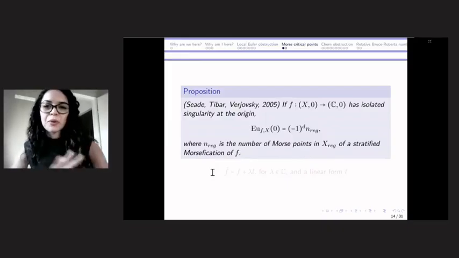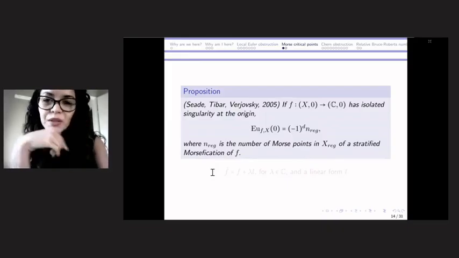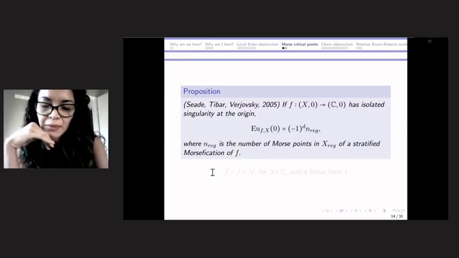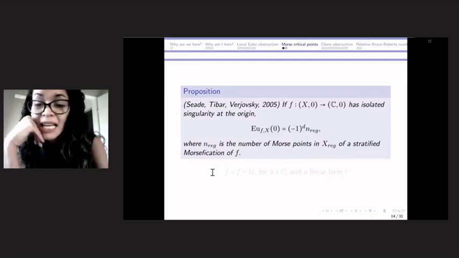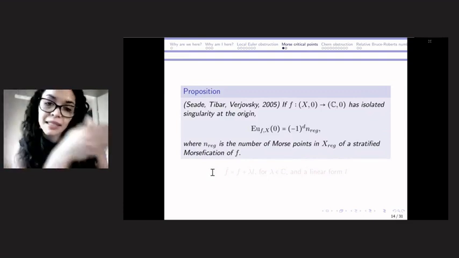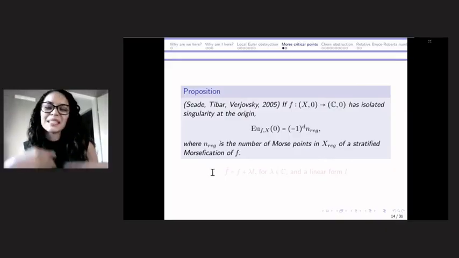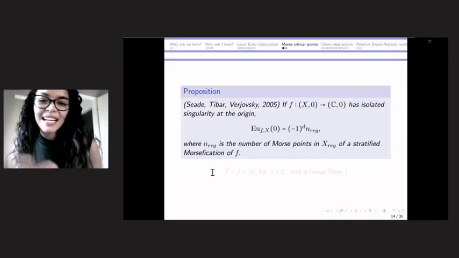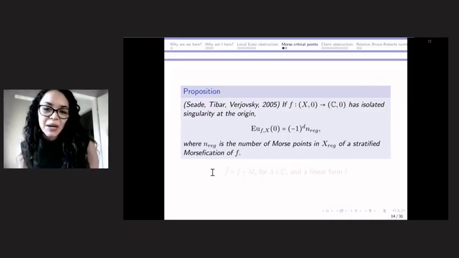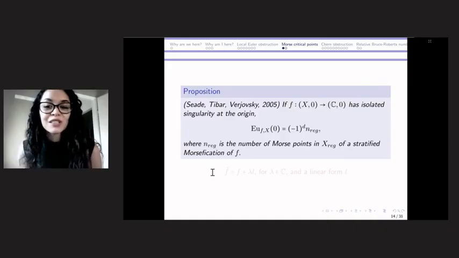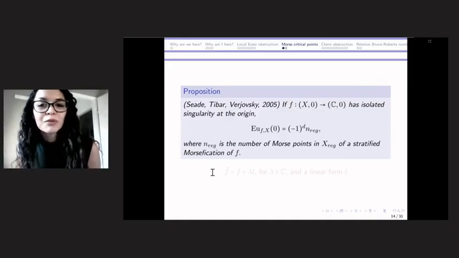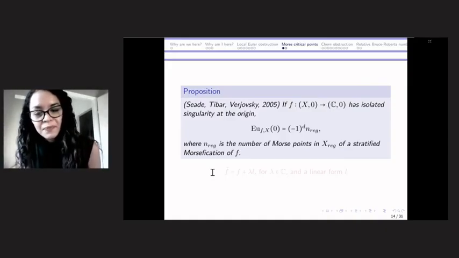It's a very beautiful paper, this one of Brasselet, Massey, Parameswaran and Seade. And the thing is that I didn't put the definition as the evaluation, right? But just to keep going on, this Euler obstruction of a function is also related to a number of non-degenerate critical points.